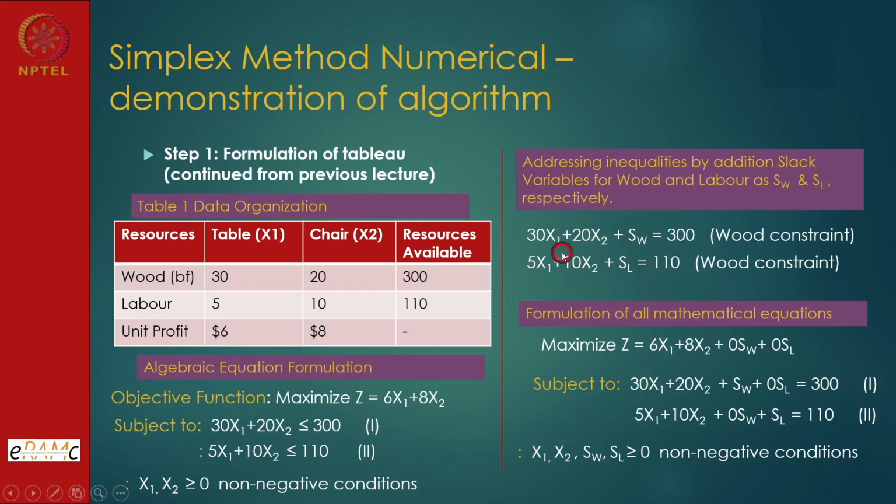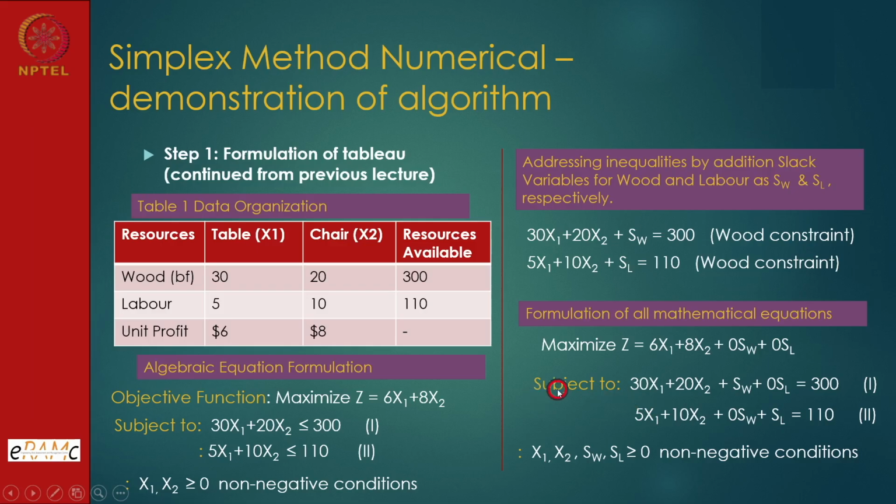Once we have done that, the maximization equation got translated into 6x1 plus 8x2 plus 0 SW plus 0 SL. That means virtually it remains the same, as the slack variables have been assigned a 0 coefficient.